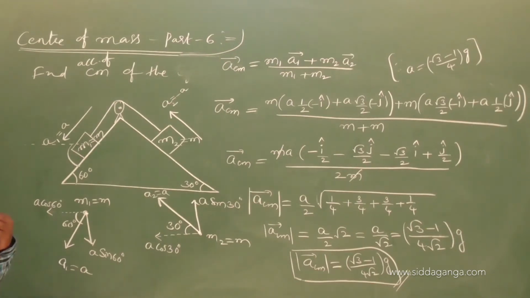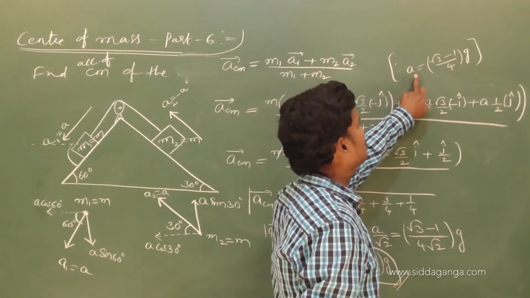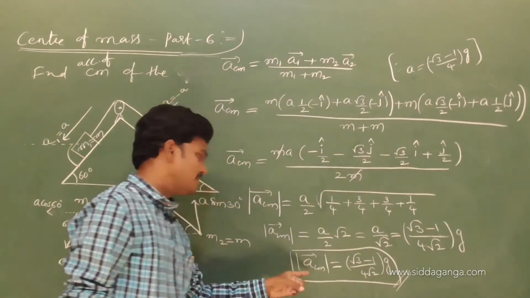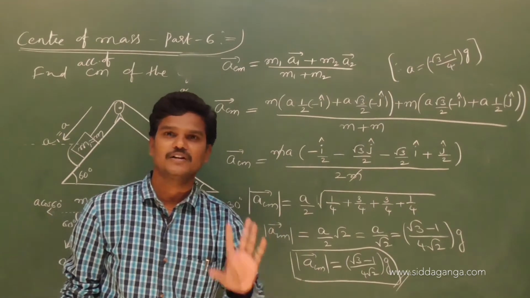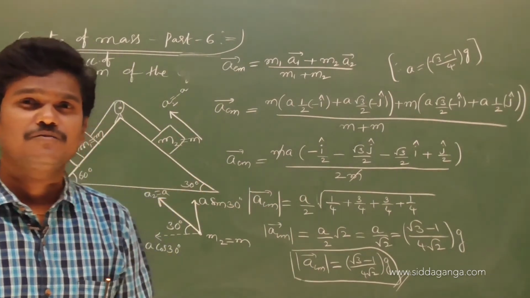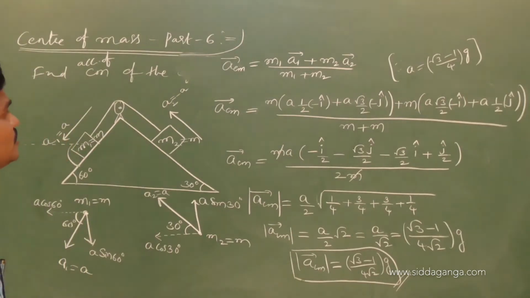So practice it twice. This already done from laws of motion. So this is acceleration of the system and I calculated acceleration of center of mass of the system. Both are different. Acceleration of the system is different from acceleration of center of mass of the system. Do correct calculations.